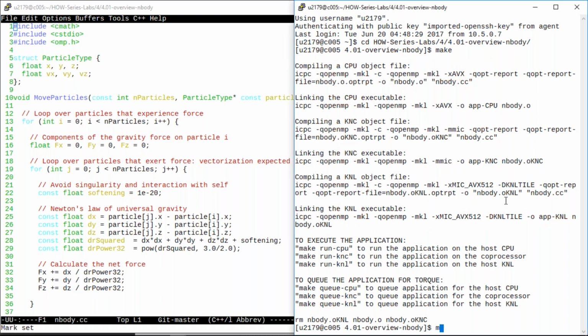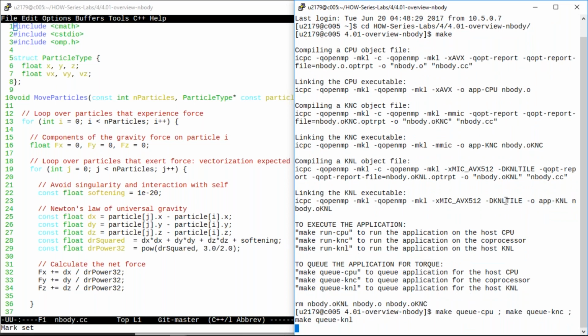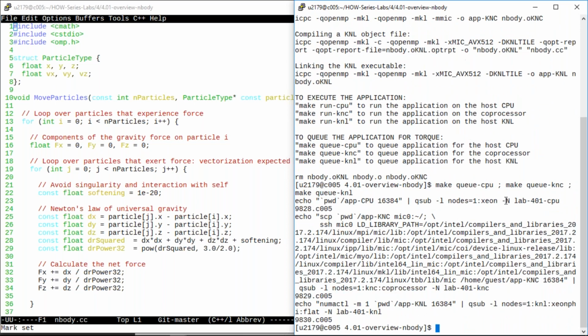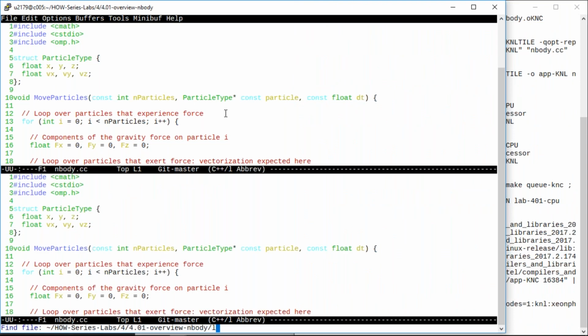If we want to run it, thankfully we have the targets make queue-CPU, make queue-KNC, and make queue-KNL. Well, here it is submitted. While it is processing, I'm going to create a log.